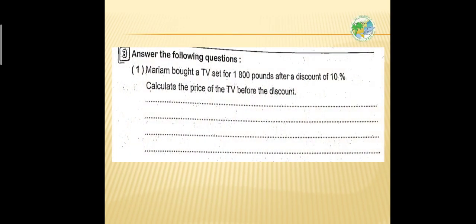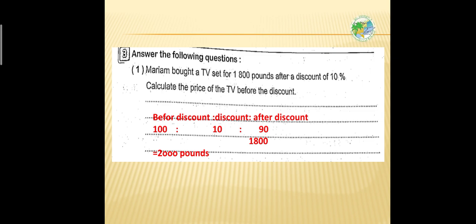Question 3, answer the following question. Mariam buys a TV set for £1,800 after a discount of 10%. Calculate the price of the TV before the discount. طيب for this question we should write before discount and after discount.